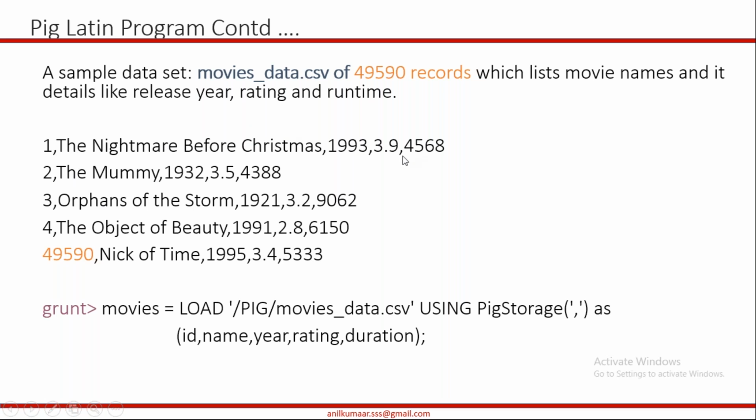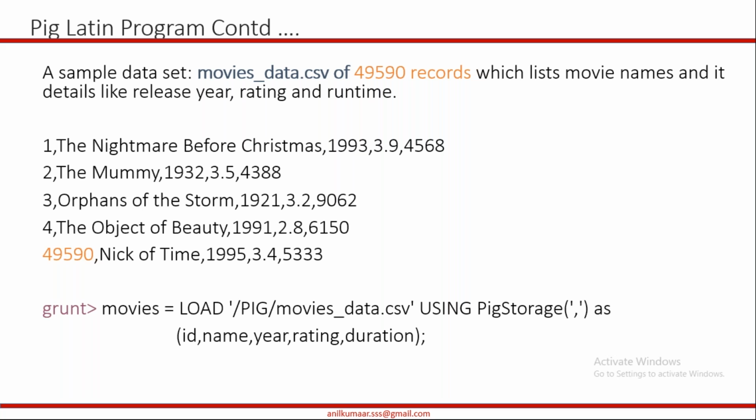If you want to work on a specific requirement, like which movie has more runtime in a particular year, how are you going to process the data?